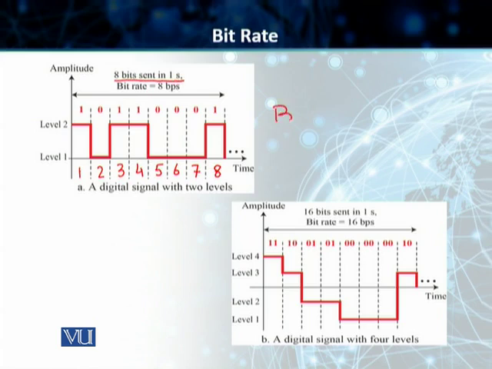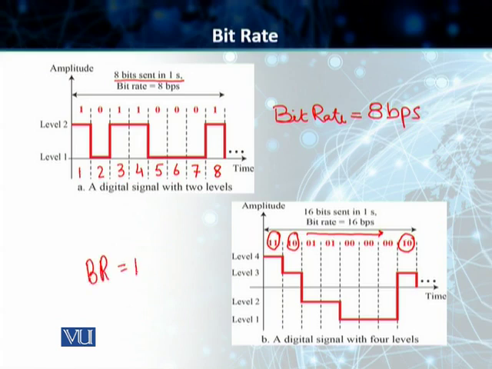Our bit rate is 8 bits per second. Second one, we are sending all the way from here to the last pair. In 8 levels, we are sending 16 bits in total. So our bit rate for this example is 16 bits per second.